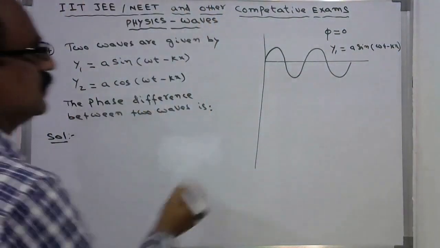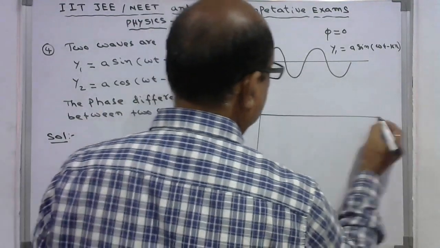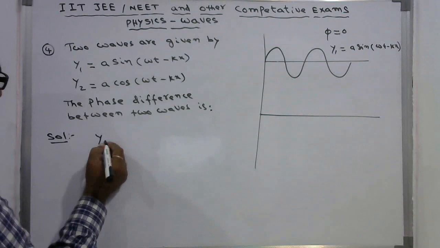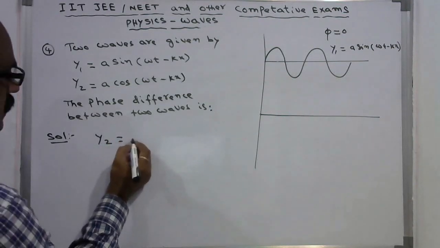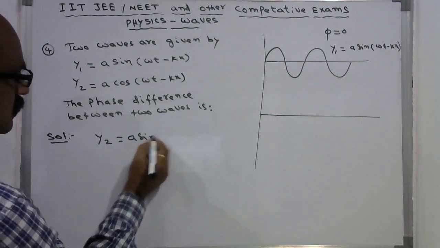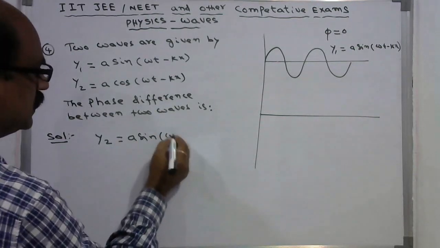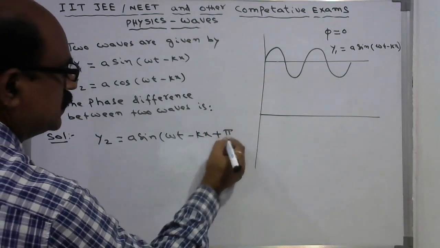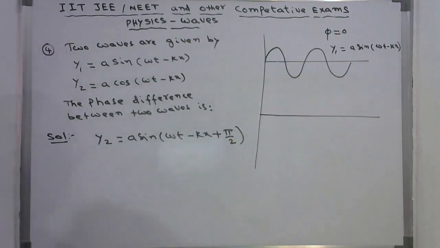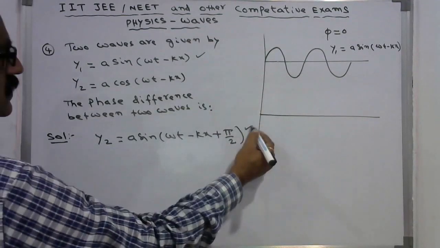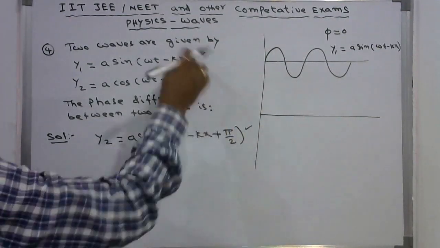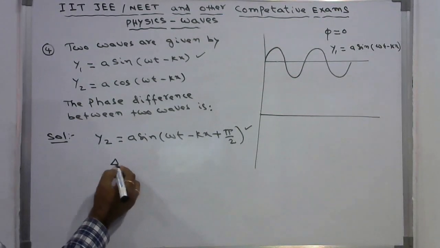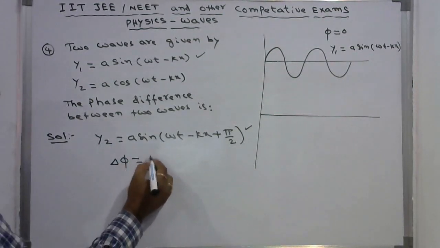And for the next wave, we observe that this wave, y2, can be written as a sin(omega t minus kx plus pi by 2). So if you compare these two equations, what is the phase difference between these two? The phase difference between these two is pi by 2.